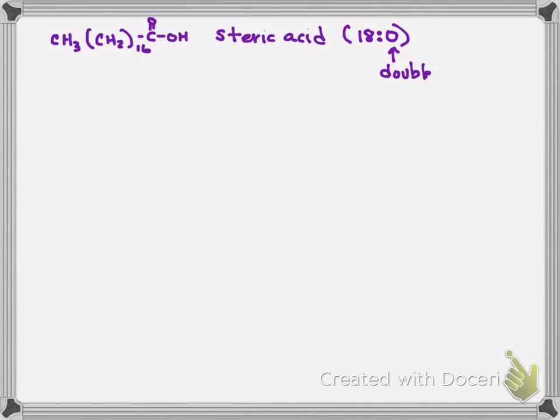So a lot of times they'll say stearic acid, and you'll see 18-0. 18-0 means 18 carbons, no double bonds. This is a saturated fatty acid. Saturated literally means it can't take any more hydrogens. If it has a double bond on it, it can pick up more hydrogens. So this is a saturated fatty acid.